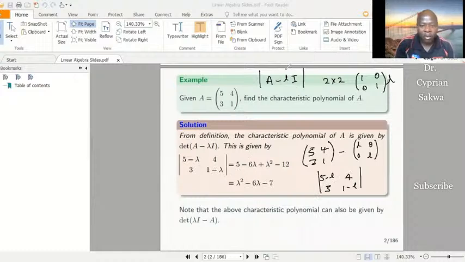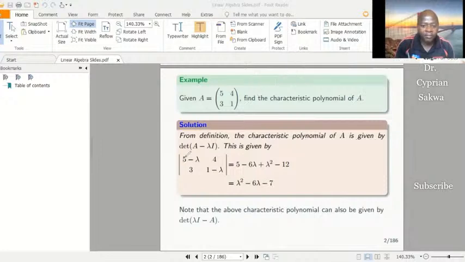We all know how to get the determinant of matrices. It is this product minus this product. This product is just 5 minus lambda multiplied by 1 minus lambda, then minus this other product, which is 12.